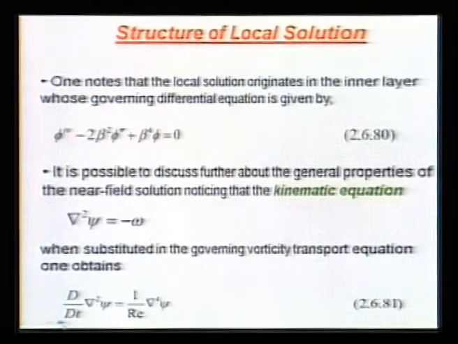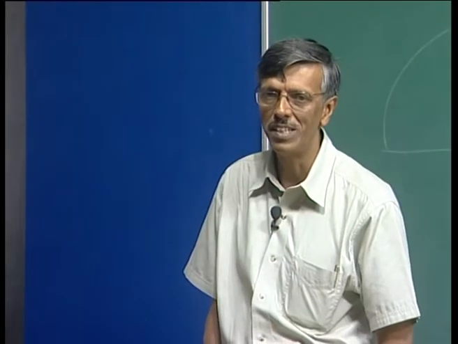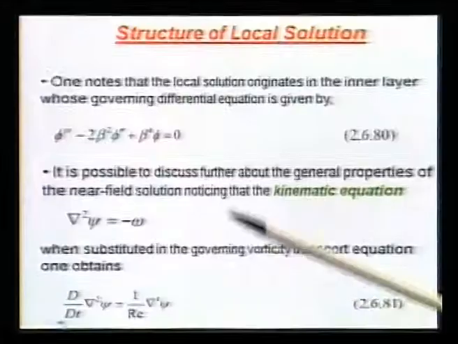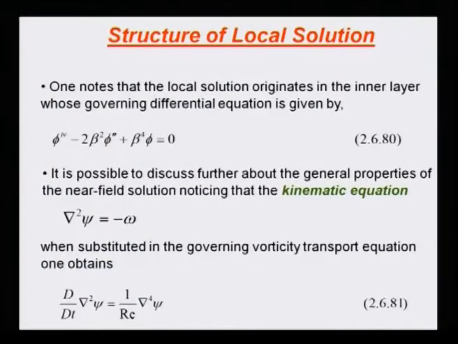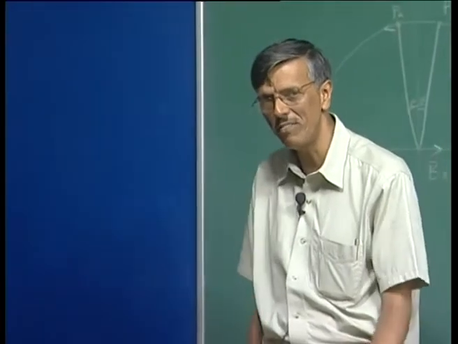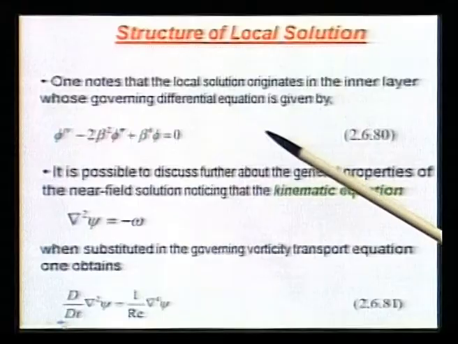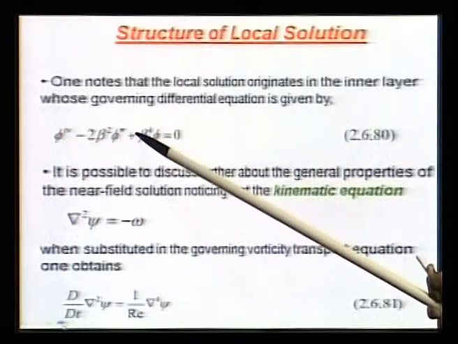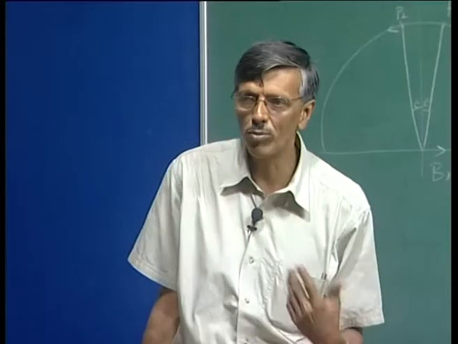The psi biharmonic equation, if I write it in terms of Fourier-Laplace transform, what would it be? This will be this. What you are seeing is very revealing: the local solution, for which the governing equation is this, comes from the right hand side equal to 0. And that means what?